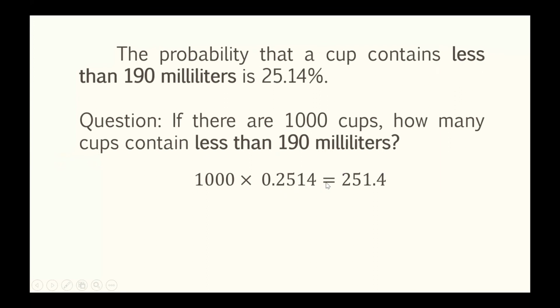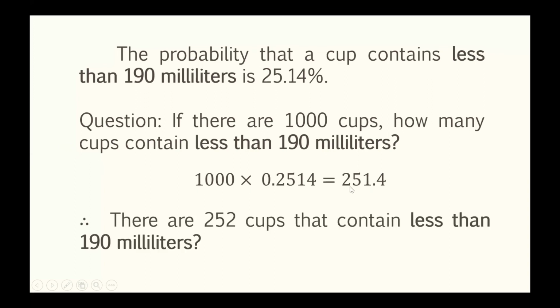That is equal to 251.4. The rule, since nawala namang 0.4 na cup, so palagi iyang whole number, kasi nagbibilang tayo or the number of cups is an example of a discrete variable. So the rule here is to round up.